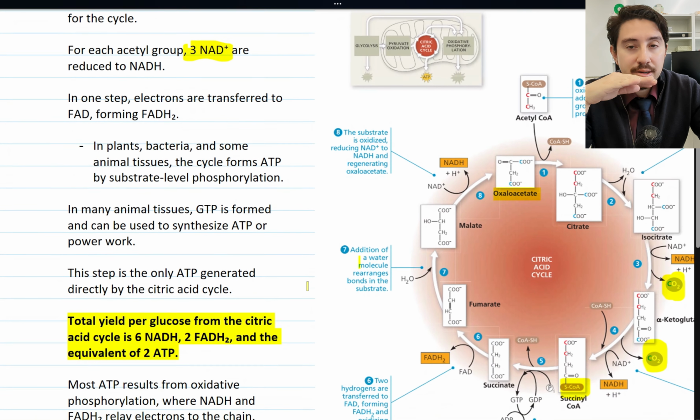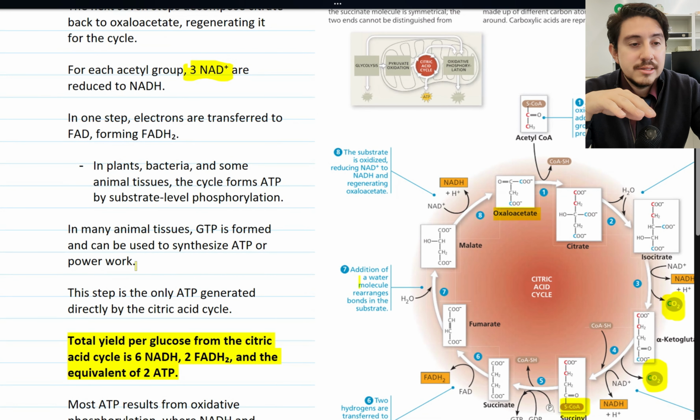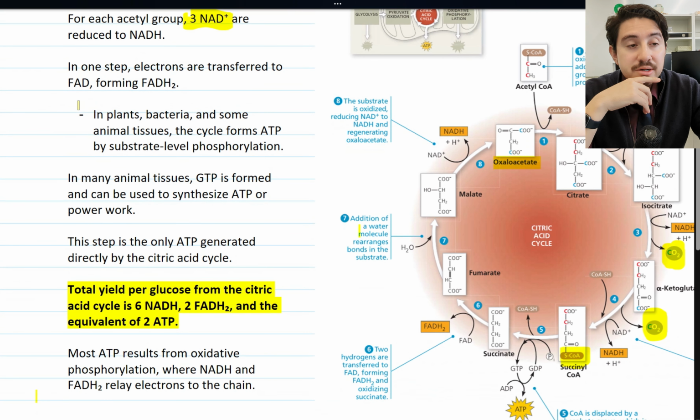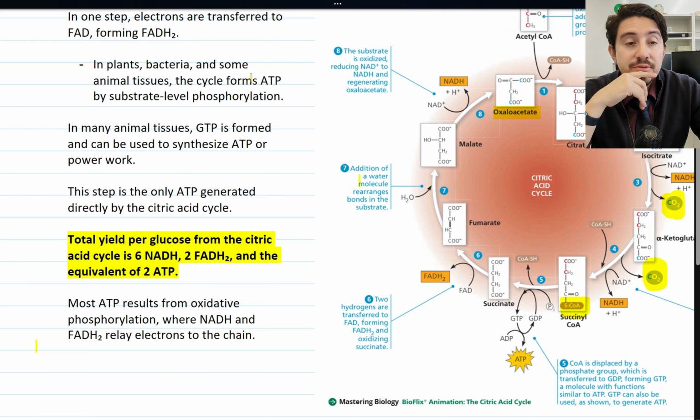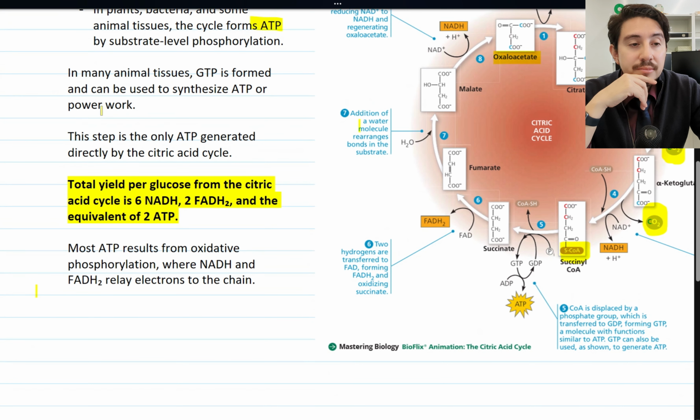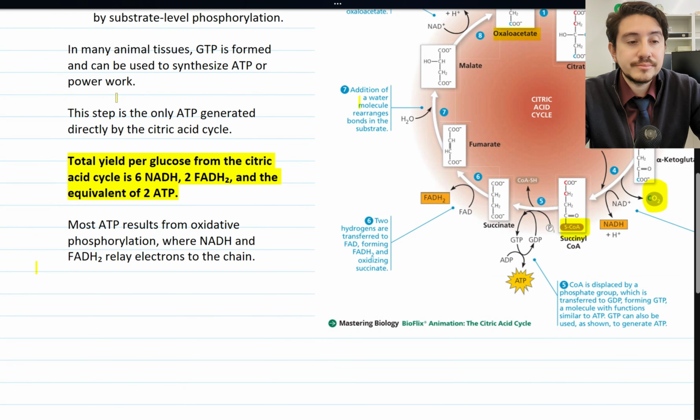But in the context of this page in the book, they're mentioning 3 NADHs and the formation of FADH2. Now, depending on the cells, tissues and organisms, you'll get the formation of ATP by substrate-level phosphorylation. In many animal tissues, GTP is formed, but then ultimately ATP is formed.